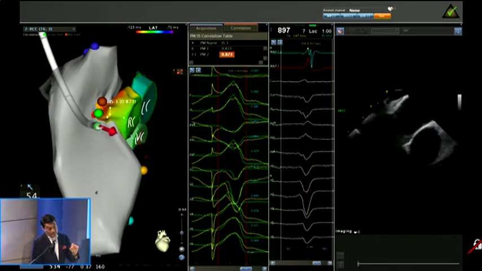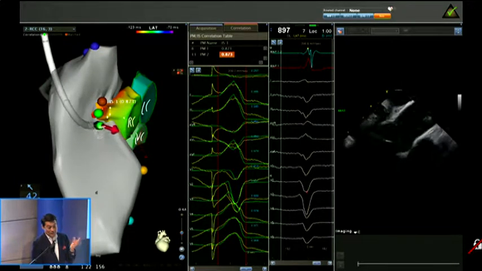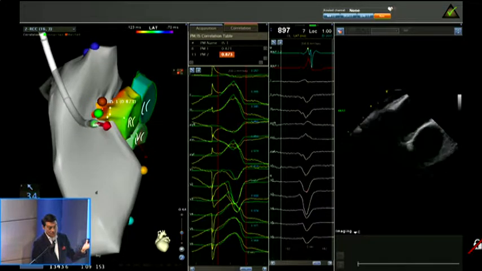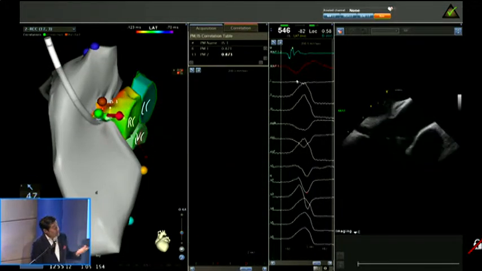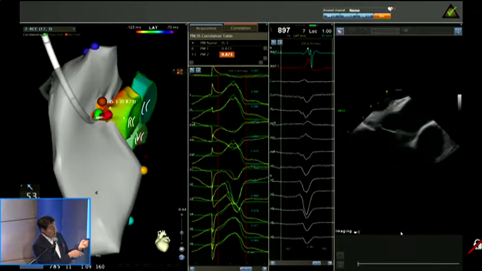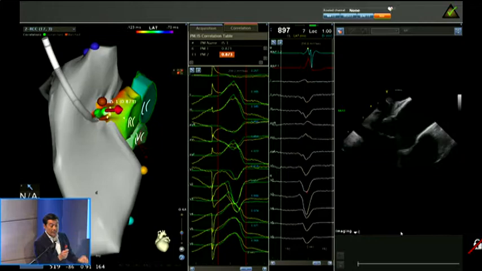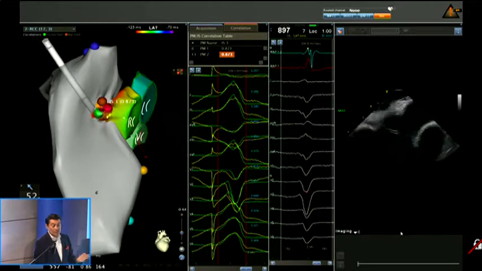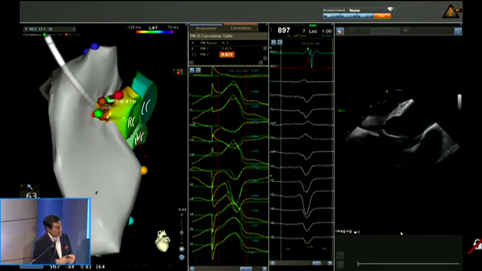So pace mapping is a useful tool, but it's complementary. The best thing to do always is that procedures must be guided as much as possible by activation. Activation should guide us, and this leads us to an important point to keep in mind.